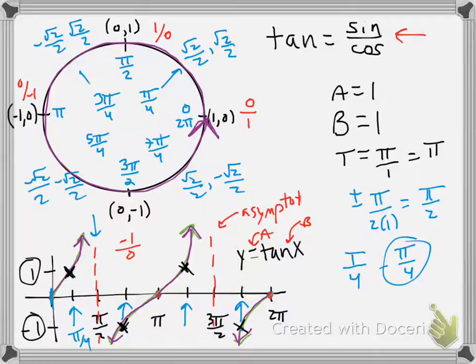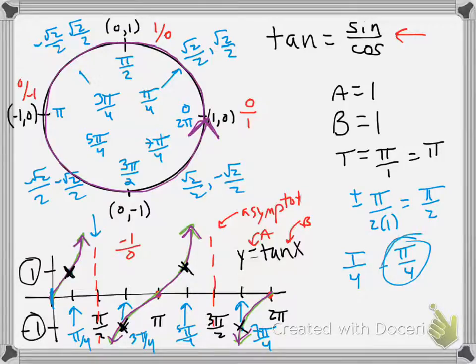So I've got pi over 4. 2 pi over 4 simplifies to pi over 2. 3 pi over 4. 4 pi over 4 simplifies to pi. 5 pi over 4. 6 pi over 4 simplifies to 3 pi over 2. Then I have 7 pi over 4. And then I have 8 pi over 4, which simplifies to 2 pi.